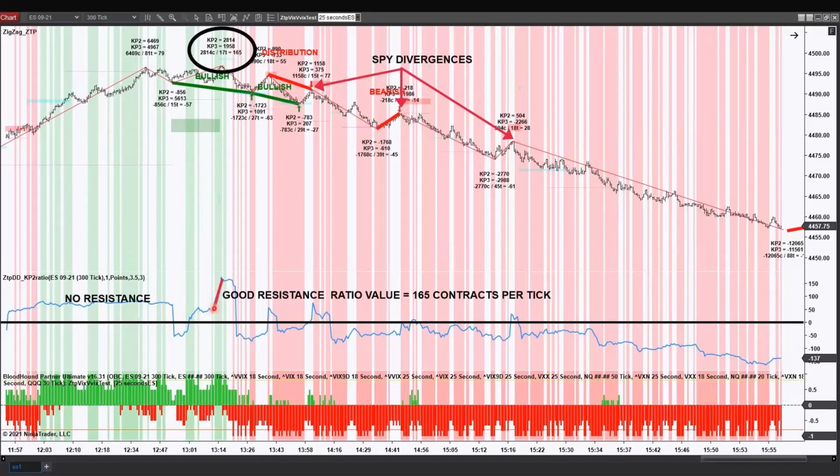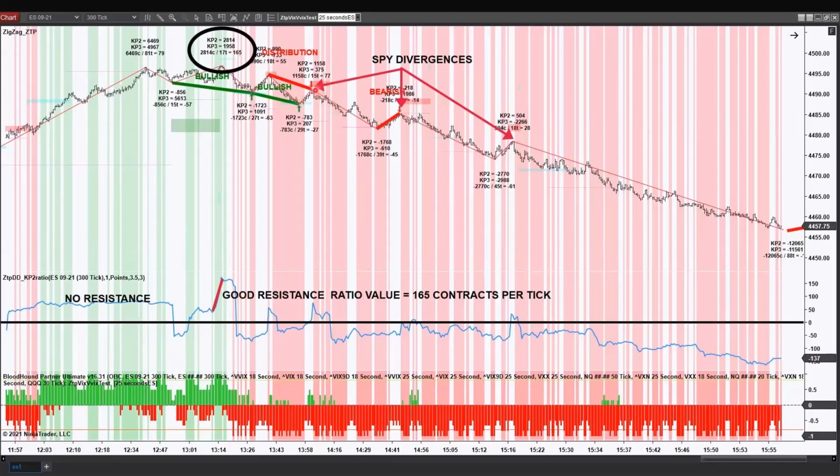And that's what we see. That's why I put this red line right here. And we just see that spike, and we get the ratio value of 165 contracts per tick. This is where the sellers finally stepped in with limit orders to stop this move higher.